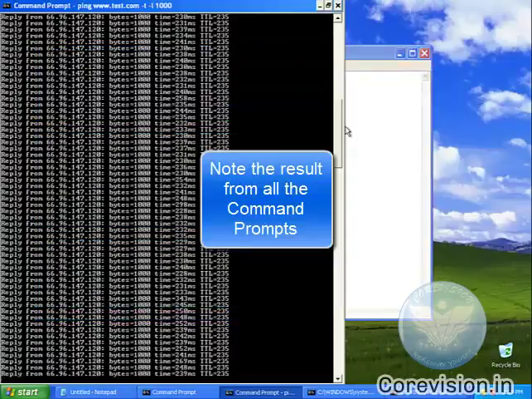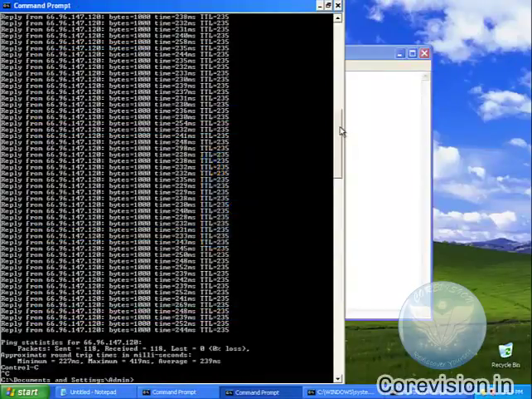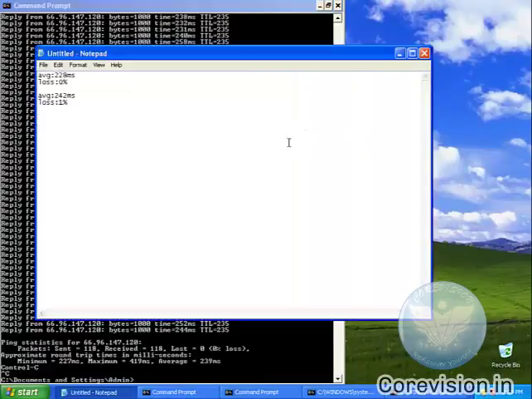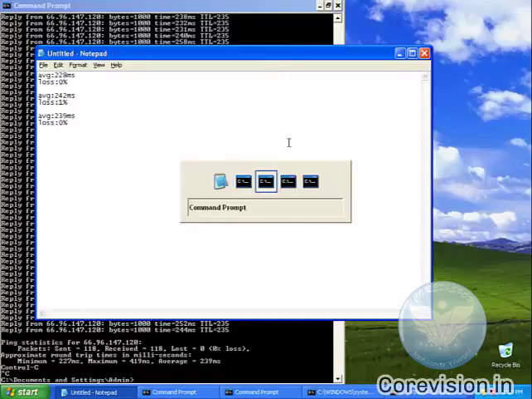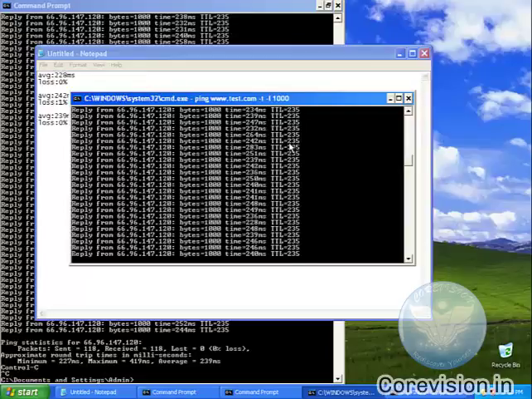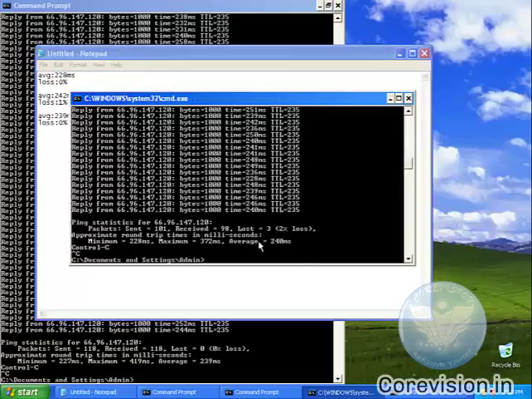Now let us go to this one. It says the average is 239 ms and loss 0%. Let's go to this. It says average is 249 ms and loss is 2%.